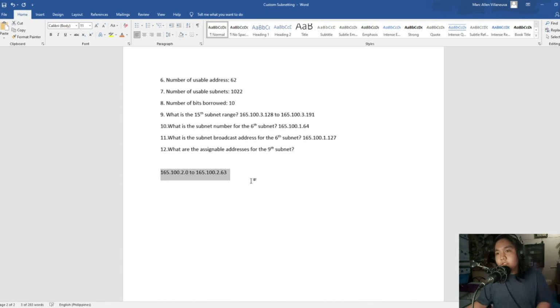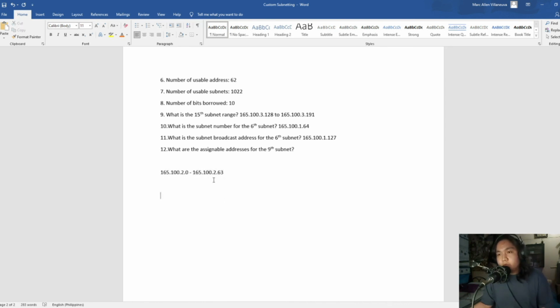As we said earlier, the first value and the last value are invalid, so we cannot include them. This is the first value, and this is the last value.